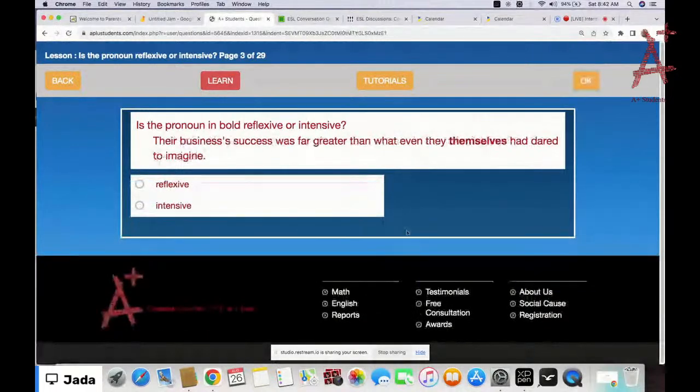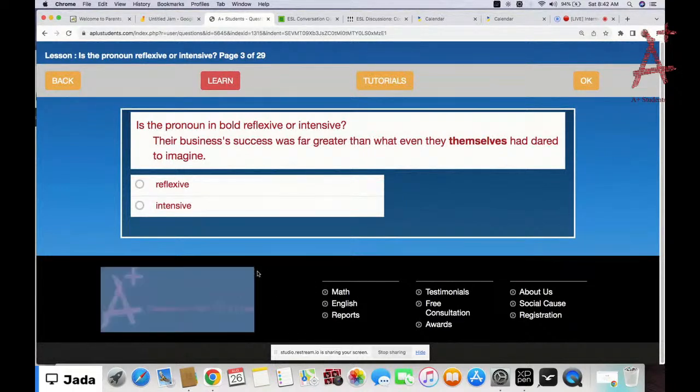Their business's success was far greater than whatever they themselves had dared to imagine. Okay, so what is this one gonna be? Reflexive or intensive? Their business's success was far greater than whatever they themselves had dared to imagine.